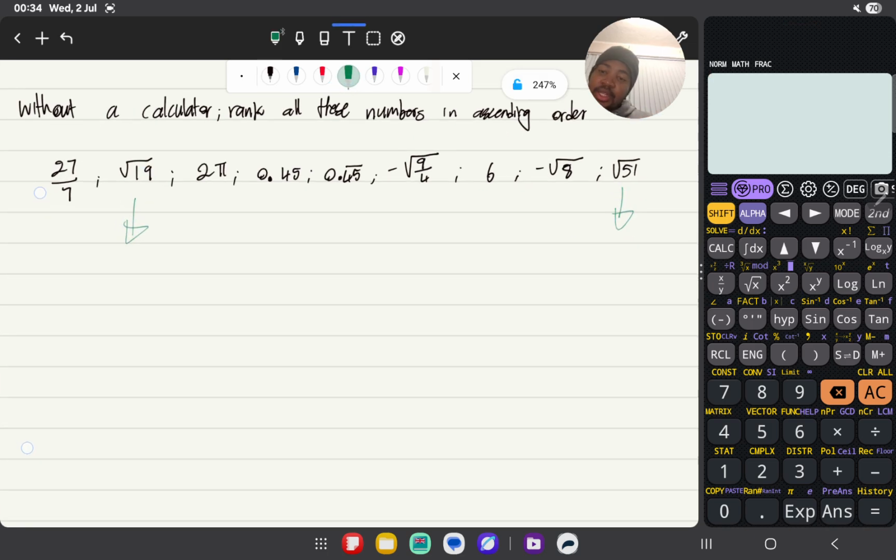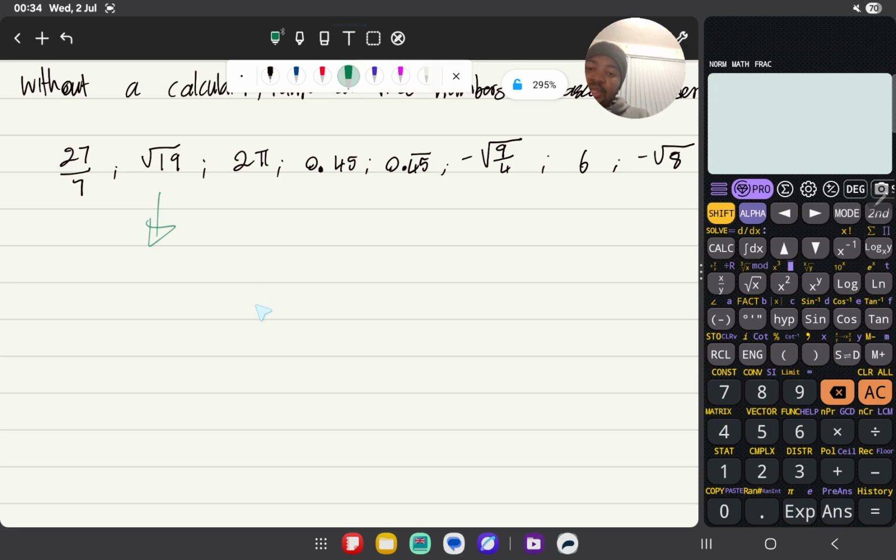So I will start with the 19. I'm sure I have 25, and this is going to be 16, right? Then I do this all over. Then I have 4, square root of 19, square root of 5. So this number is between 4 and 5, né?